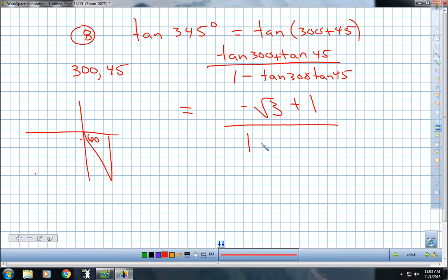Okay? 1 minus, the beauty here is we've already figured these things out. Tangent of 300 was negative radical 3, and the tangent of 45 was 1. Okay? So now, I'm going to rewrite this as 1 minus radical 3 over 1 plus radical 3. Okay, am I finished?